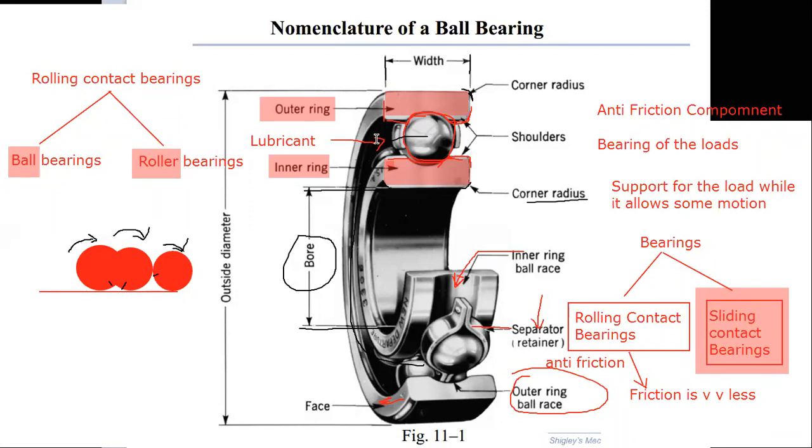So dirt, dust, etc. does not go in there, and generally grease is used in these types of bearings. Any question?